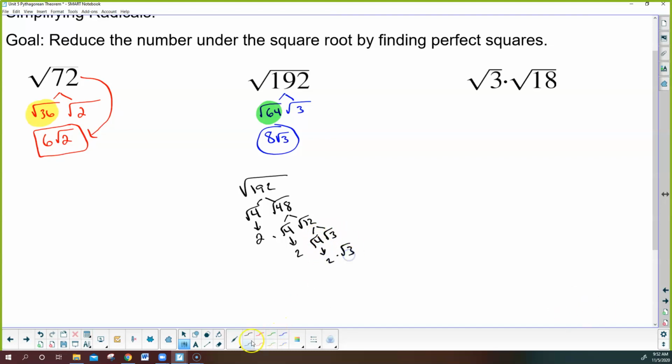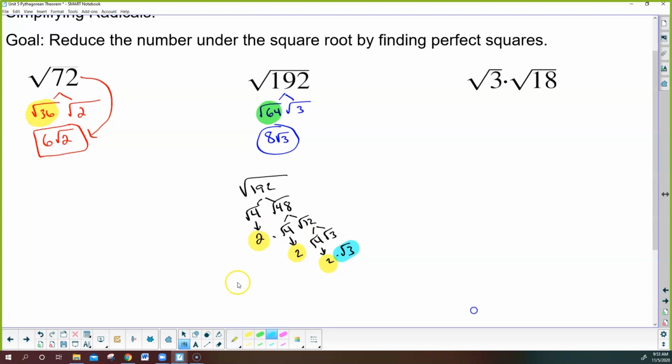So now it looks kind of messy and it looks like a lot of work, but I have a 2 times a 2 times a 2, and then I've got the square root of 3 left over. Well, wait a minute. What is 2 times 2 times 2? It's 8.